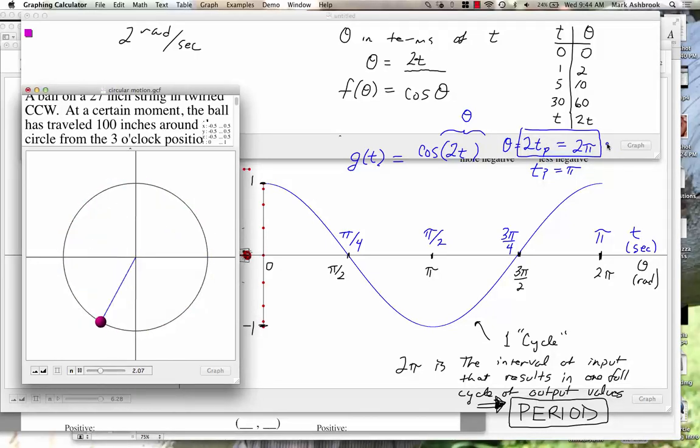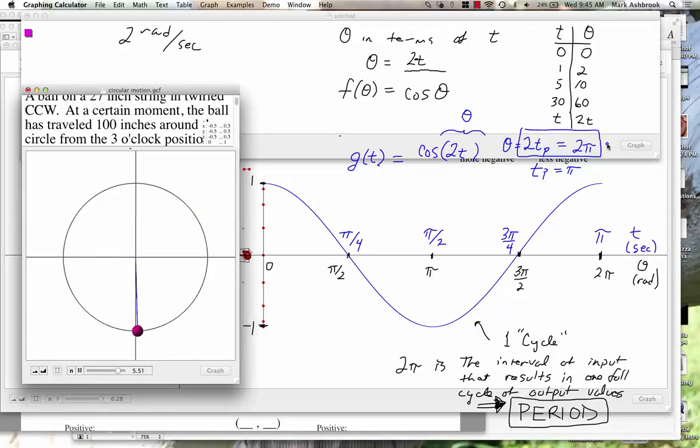Okay, so how about this situation here? Twirling this ball at 2 radians per second. Notice anything? Imagine that you're doing it. Realistic? Why not? It's too slow.